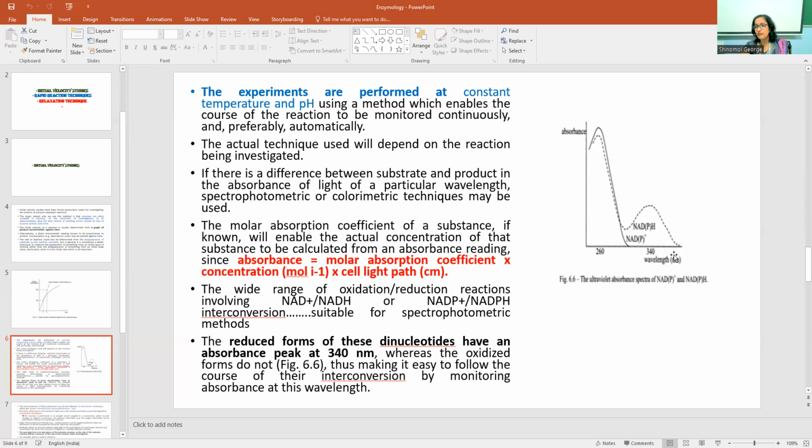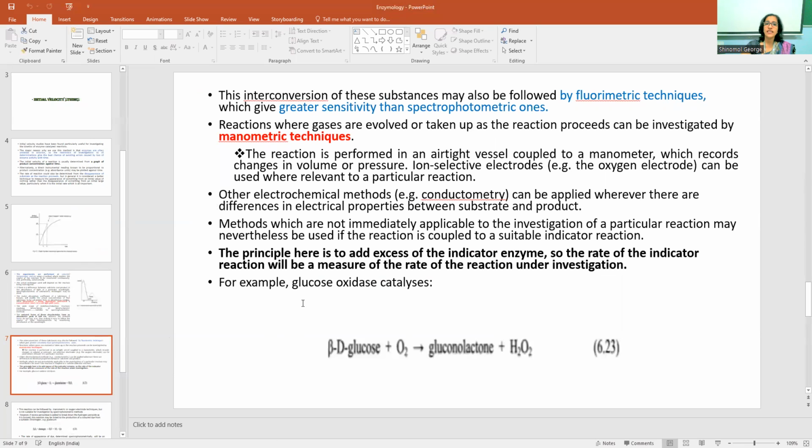You can see that at 340 nanometer, when it is reduced, that is in the NADPH stage, there is a peak absorbance, whereas its oxidized form does not have a peak at this 340 nanometer. So it makes it easy to follow the course of their interconversion by monitoring the absorption at this wavelength. Okay, so the interconversion of these substances may also be followed by fluorimetric methods, which give greater sensitivity than the spectrophotometric methods.